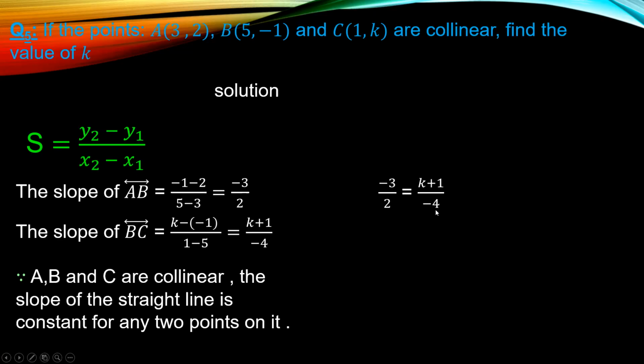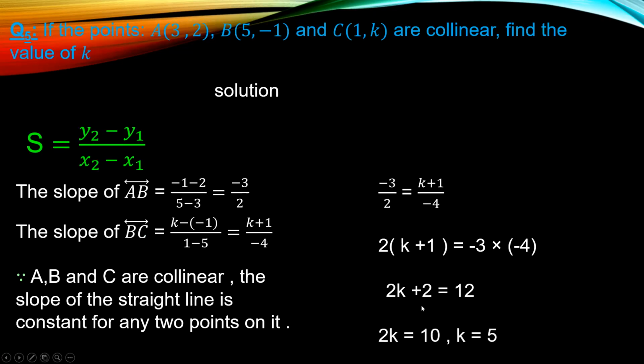Then make cross multiplication. 2 times k plus 1 equals 2k plus 2, and -3 times -4 equals 12. Here we will move +2 to the other side with a different sign. It will be 2k equals 10. To get the value of k, 10 divided by 2 equals 5.